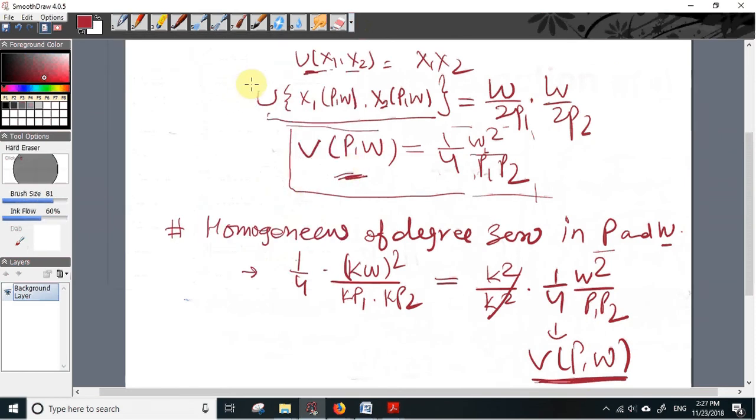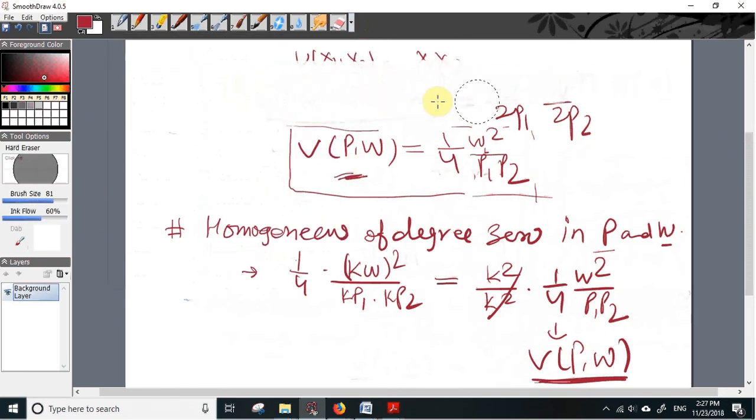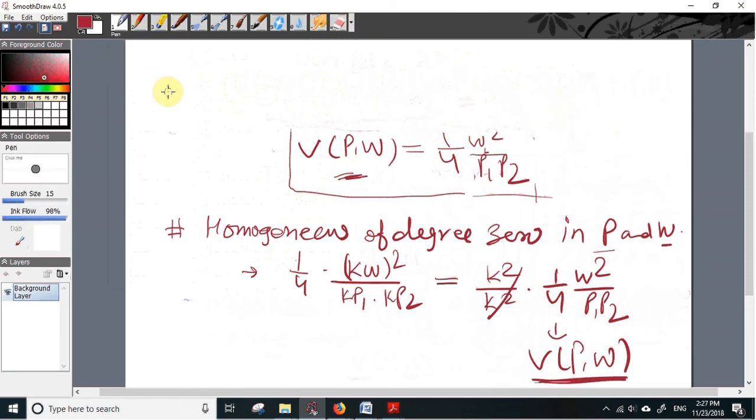So now let us go to the second property. The second property is that the indirect utility function, or V, is strictly increasing in wealth.